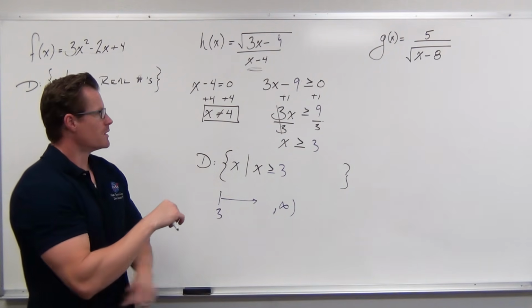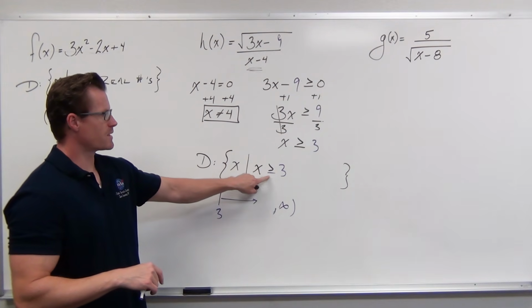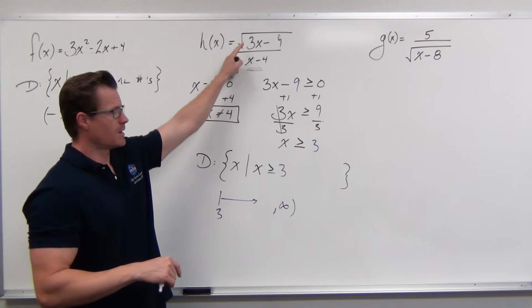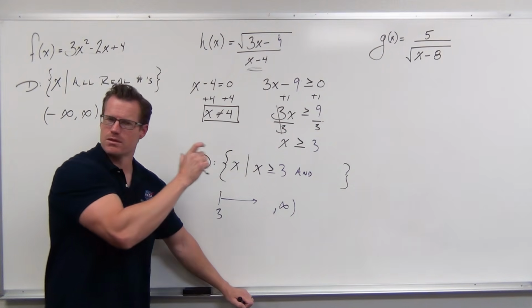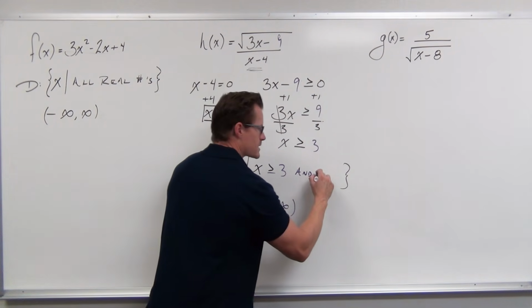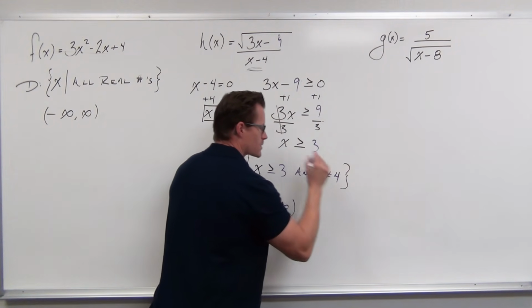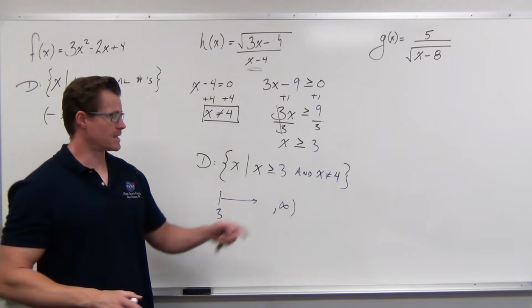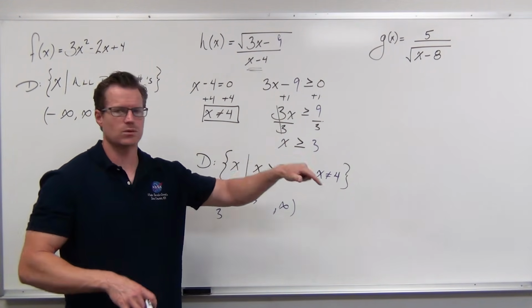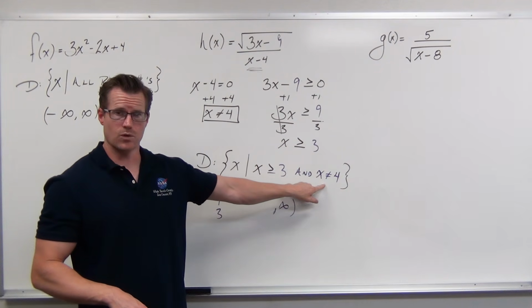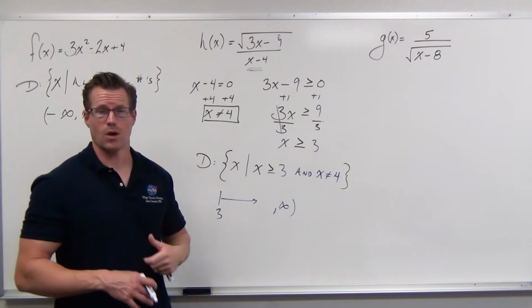Yeah, absolutely. This says you need numbers that are greater than or equal to 3 to keep this thing happy. And since 4 is now in that interval, you need to express it separately and say, I also can't have 4. That makes sense. Say, hey, you know what? You need numbers more than 3, at least equal to 3, but make sure you exclude 4 because that number is going to make this denominator not work for you.